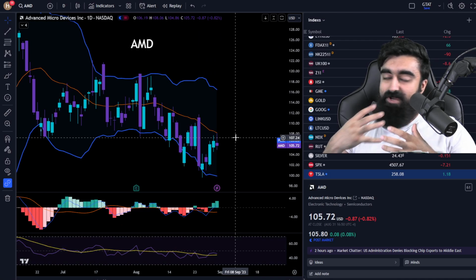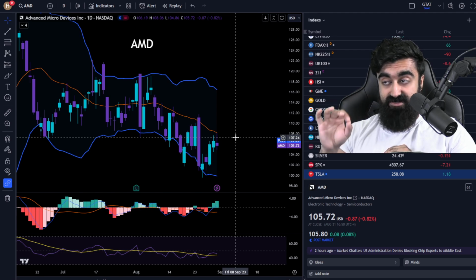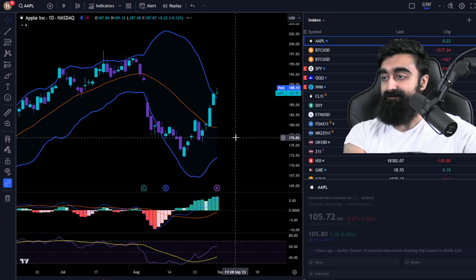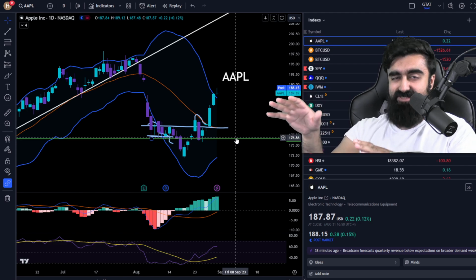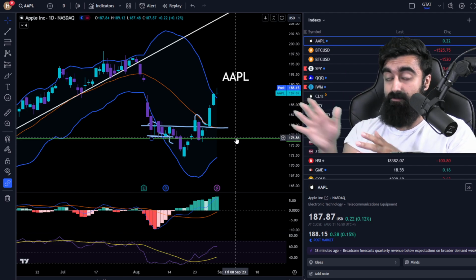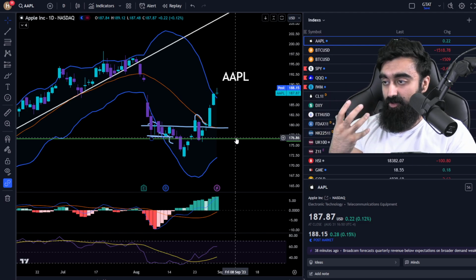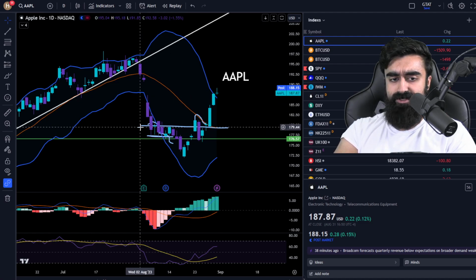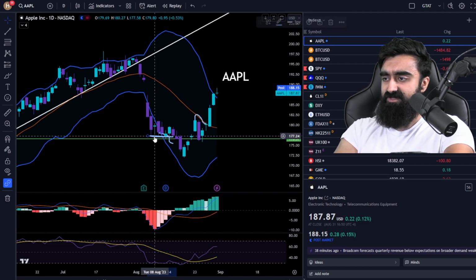So what we're seeing pragmatically is the NASDAQ stocks are showing a lot of strength. And they are bull flagging, but they are bull flagging at levels of resistance. So it is difficult to start going long on these stocks when, number one, they are very overextended to the upside. It's very risky to be an Apple bull at the moment. Just going long here makes as much sense as going short over here on this setup at August 7th, when we already have a huge move to the downside.